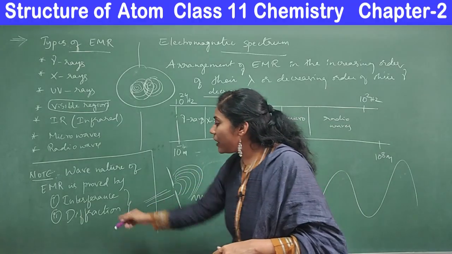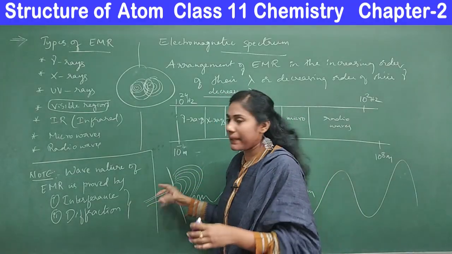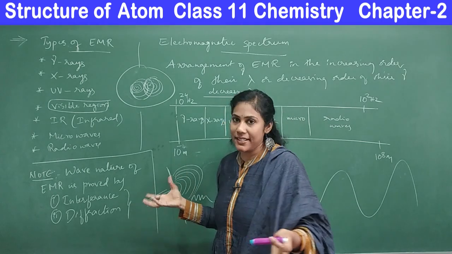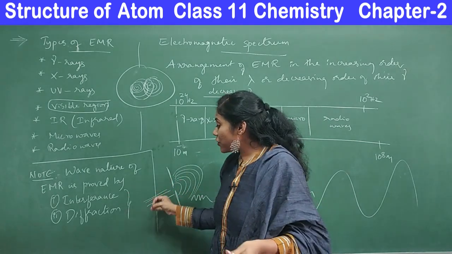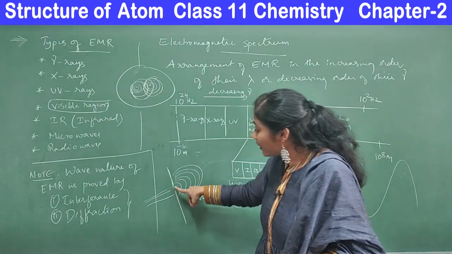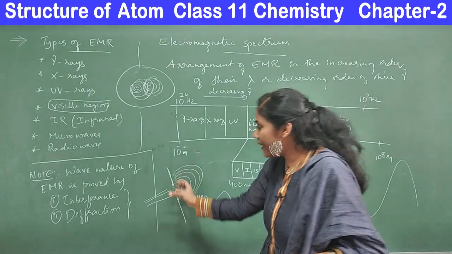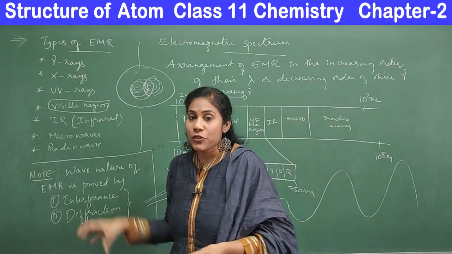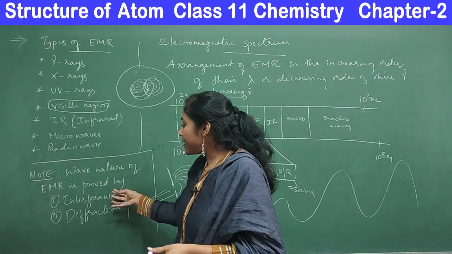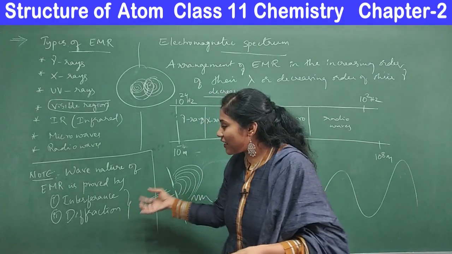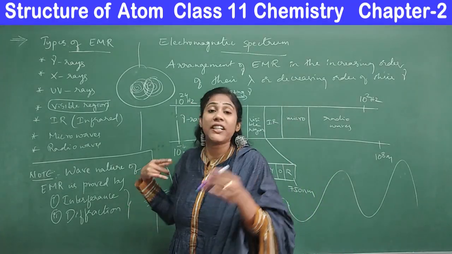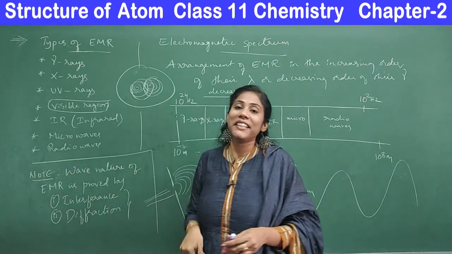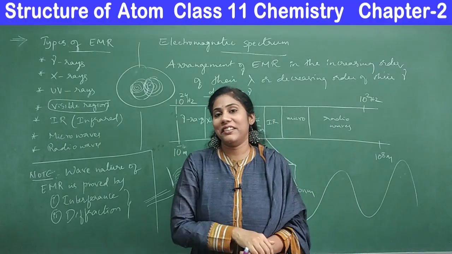So this is what we call diffraction, the bending of waves through a slit, right? So these radiations also bend through a slit. That means they behave as a wave, right? So this is the proof. These interference and diffraction experiments are proof that electromagnetic radiations have wave character.